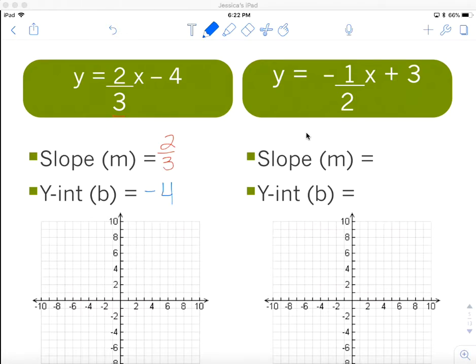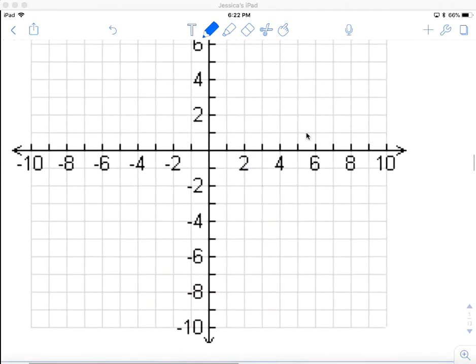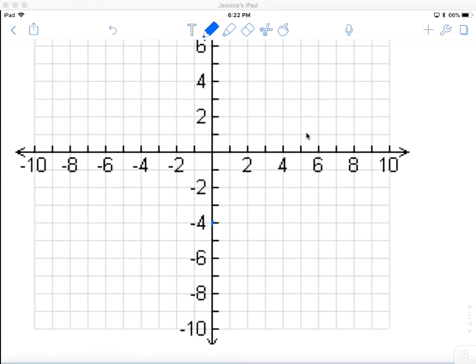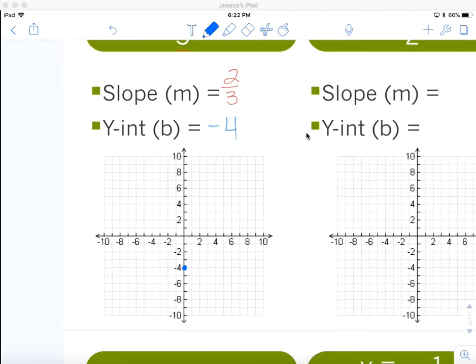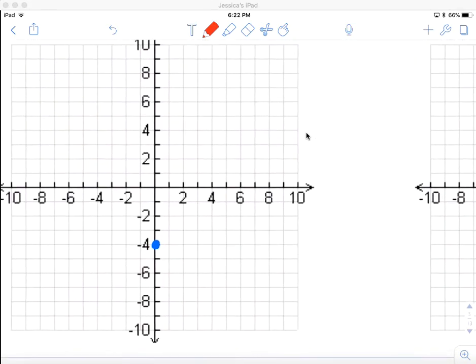We're always going to start with our y-intercept, so I'm going to start by plotting on the y-axis at -4. Then from here, my rise over run is 2/3, which means I rise 2, I run 3.